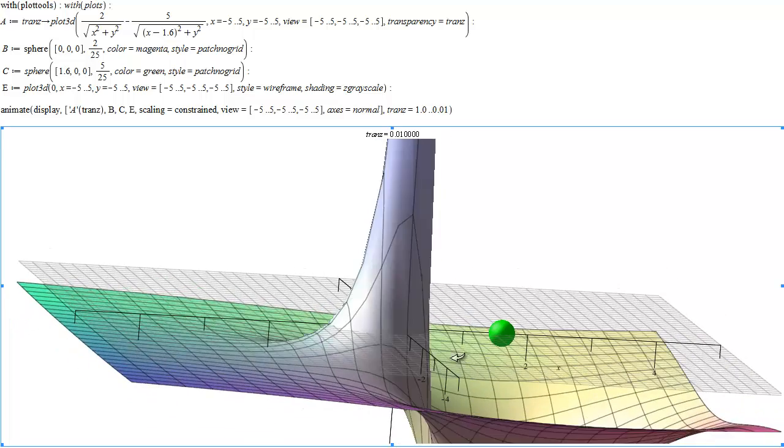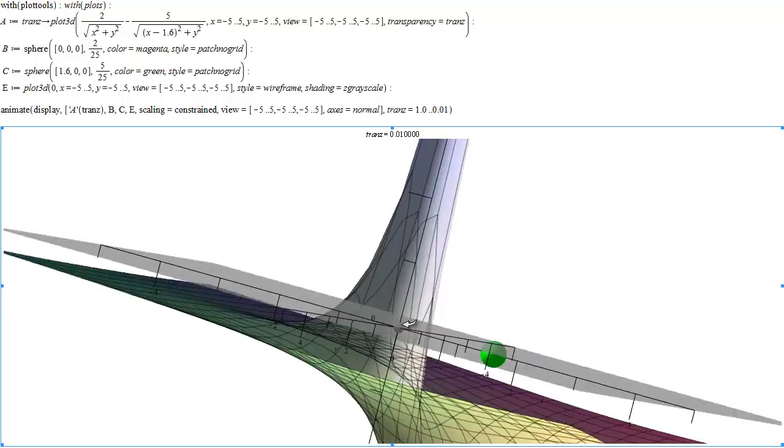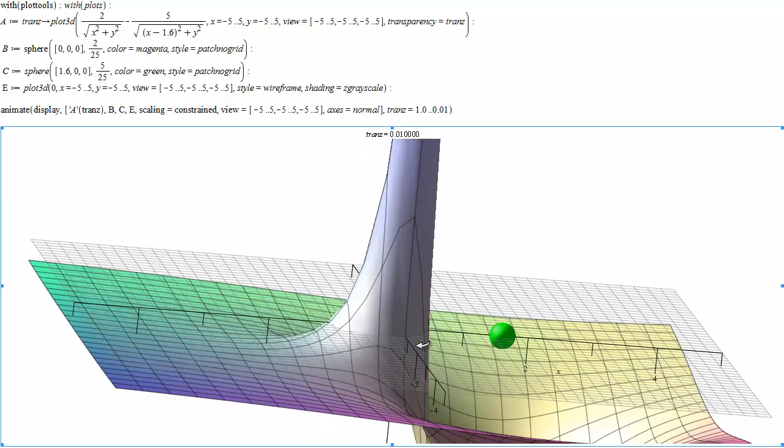And so where does it equal 0? Well, I've drawn this wire mesh. You could see this wire mesh here. And where this wire mesh intersects with the potential, that is the place where it equals 0.